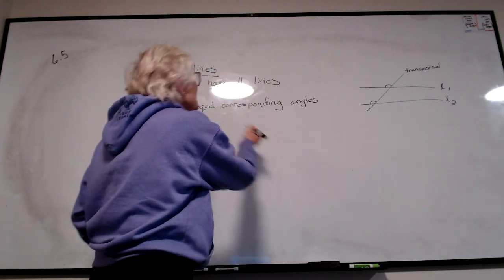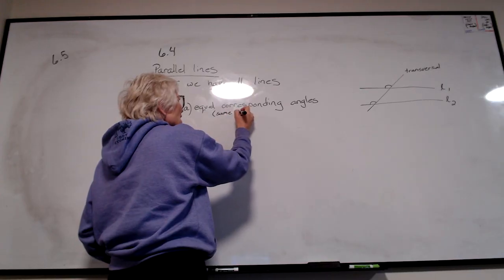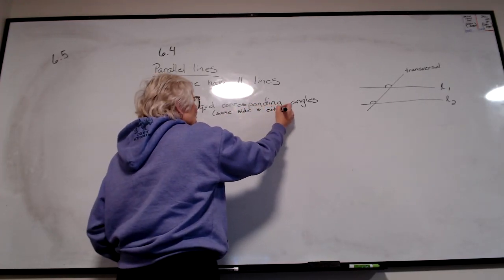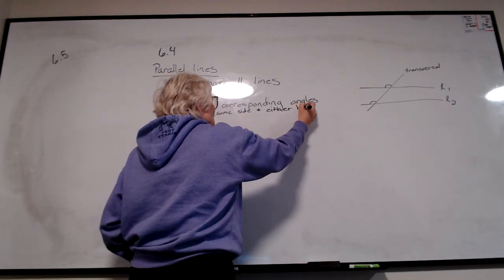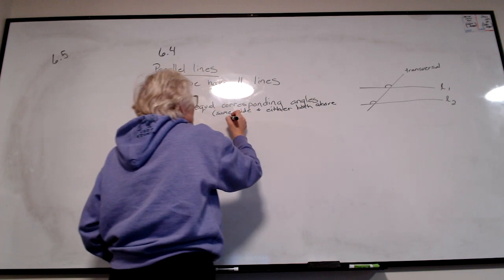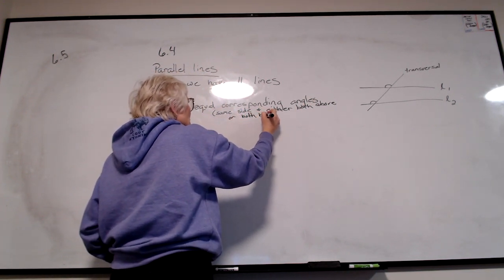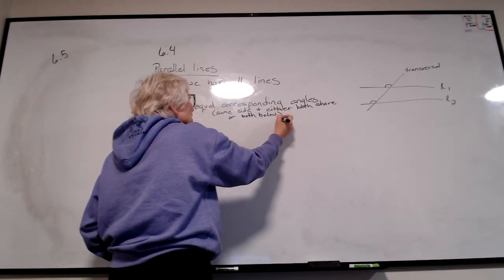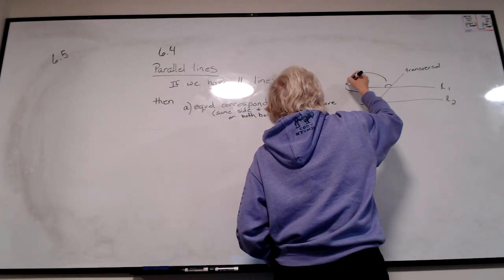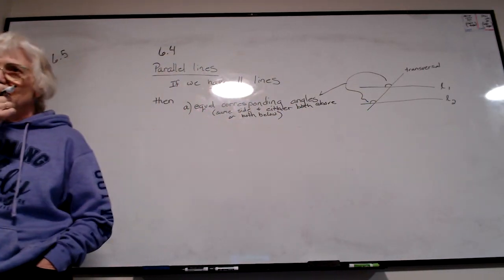Just as a reminder, this is on the same side and either both above or both below. Okay, so an example is this. This is an example of corresponding angles right there.